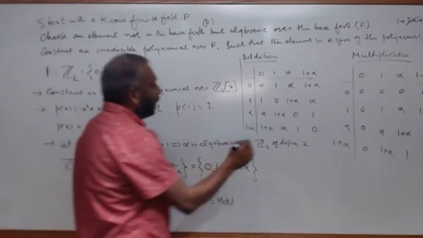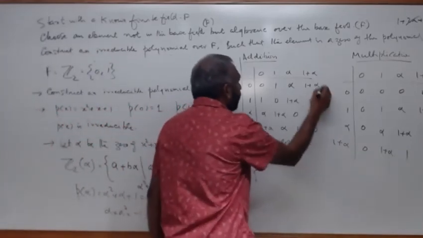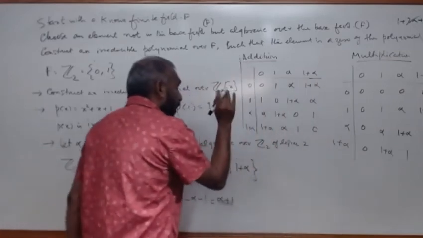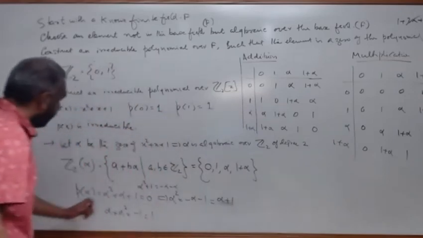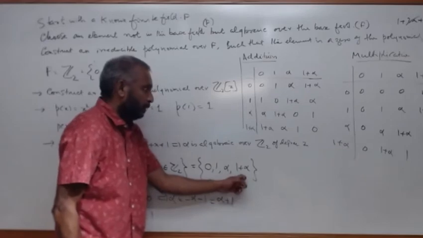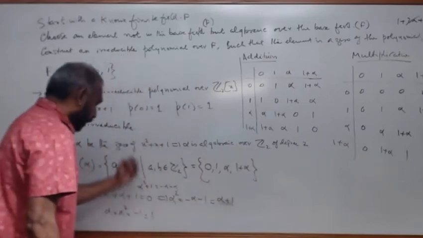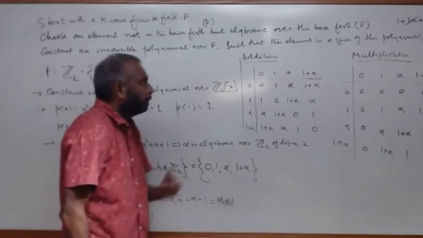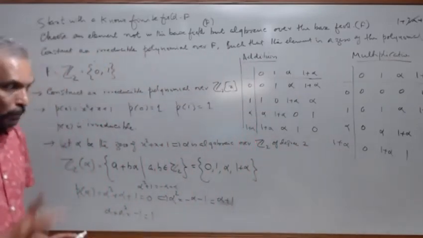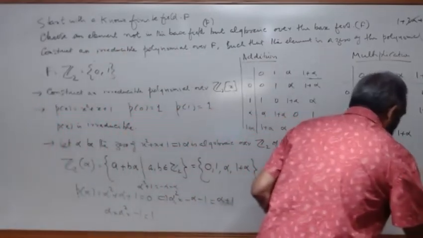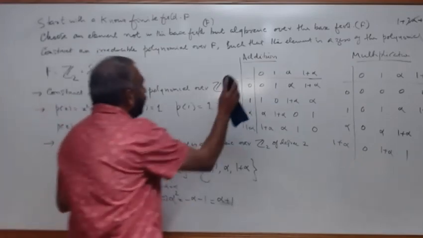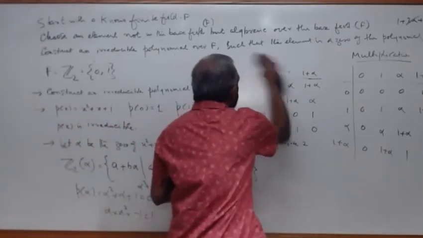One thing to note is that when you are filling up the tables, all the entries should come from these 4 elements. We cannot go beyond that. If it's alpha squared, then we have to reduce it to some element from here, and that's what we did. We need to do one more thing before we finish this example.